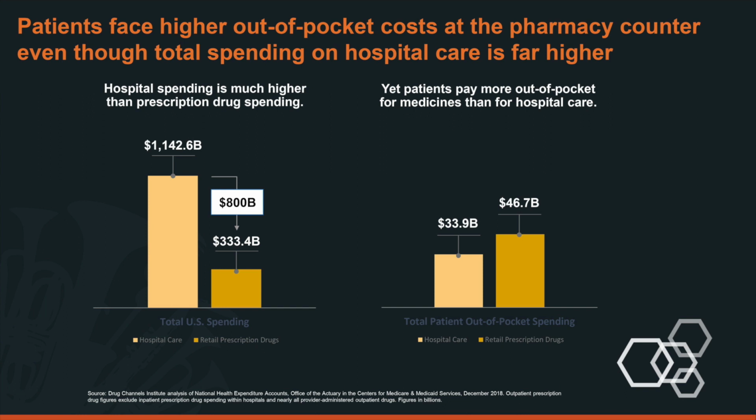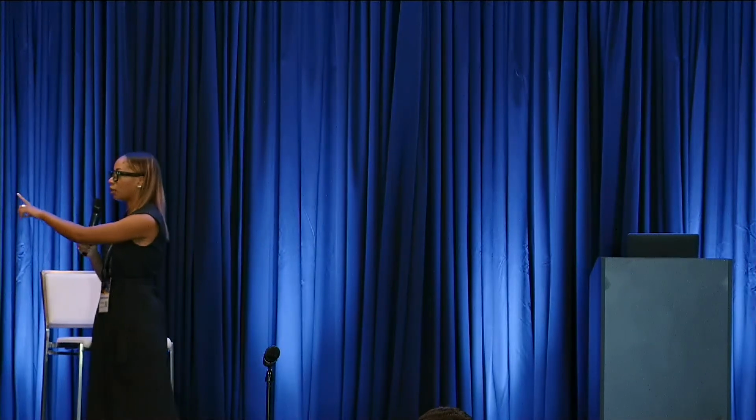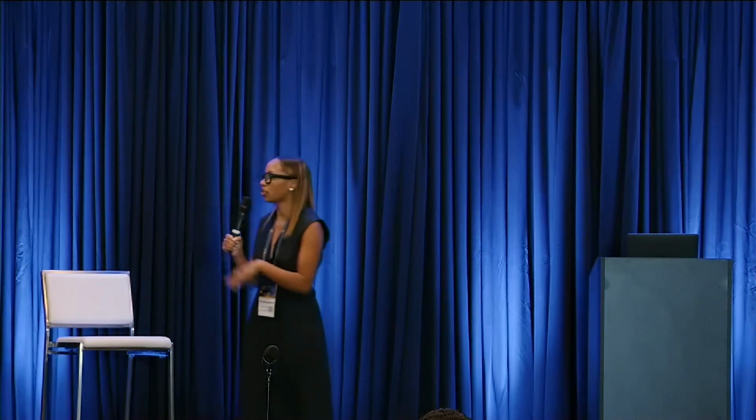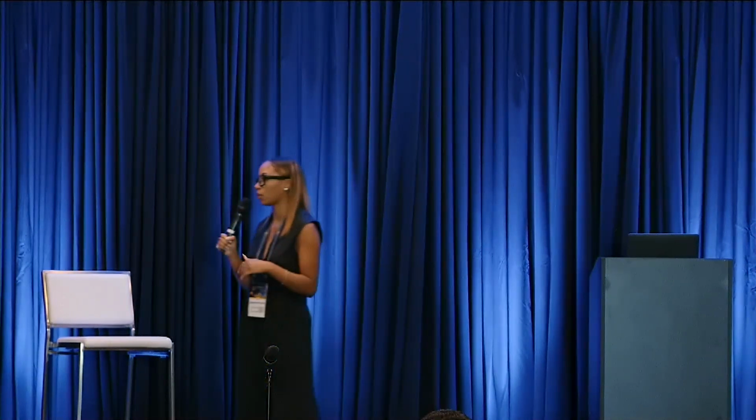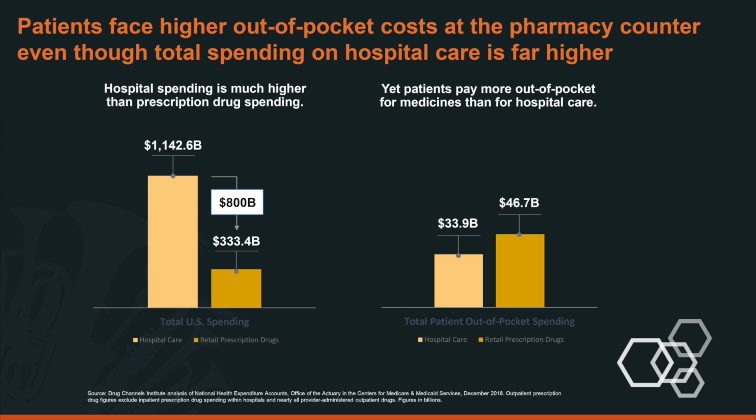And we can see that in total, the U.S. spends about $800 billion, with a big B, more on hospital care, the lighter yellow, than they do on retail prescription drugs. Now, when we compare this graph with the patient's graph, which is more on an individual level, we see that patients pay more out of pocket for medicines at the retail pharmacy counter than they do for hospital care. So we see that opposition there.